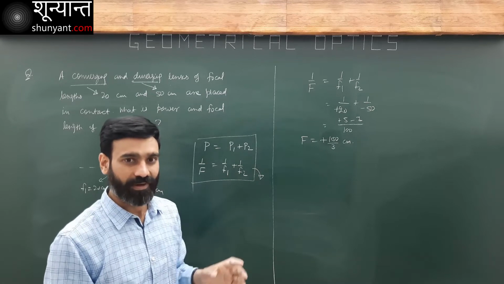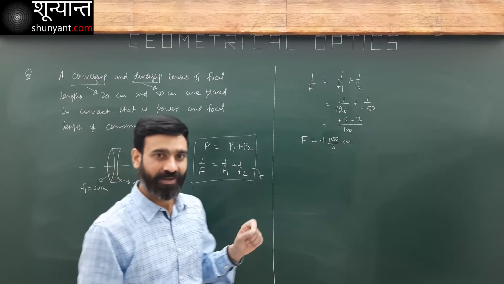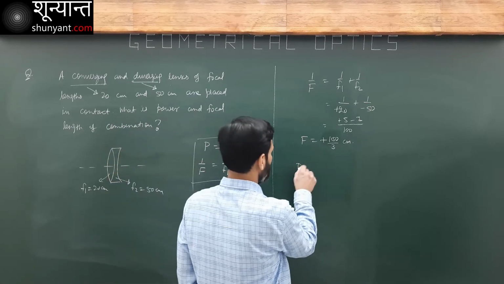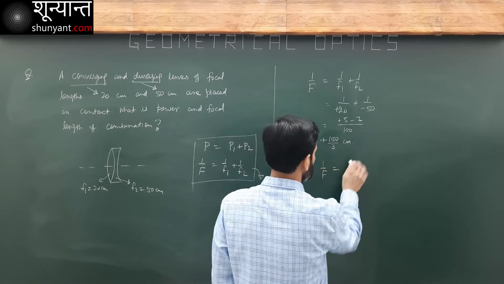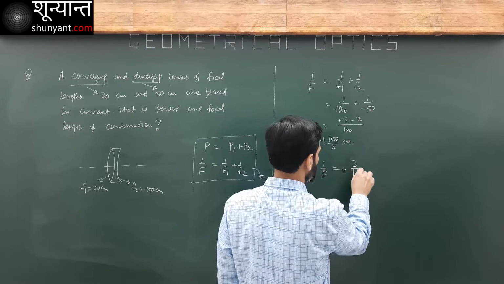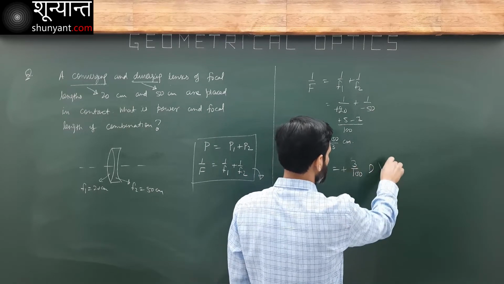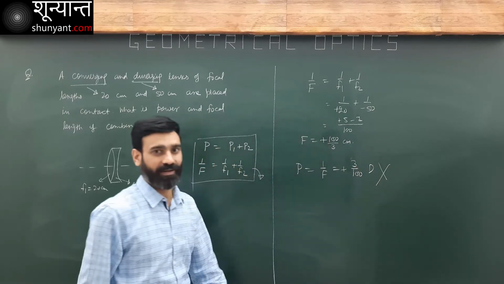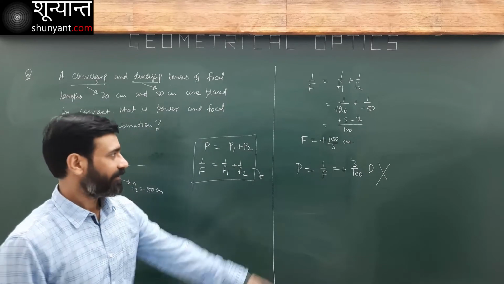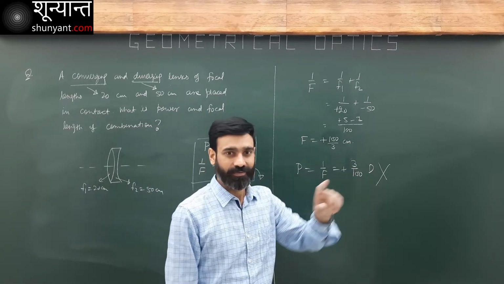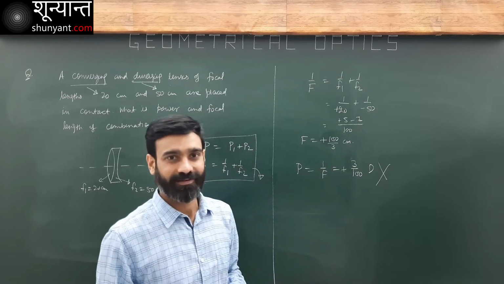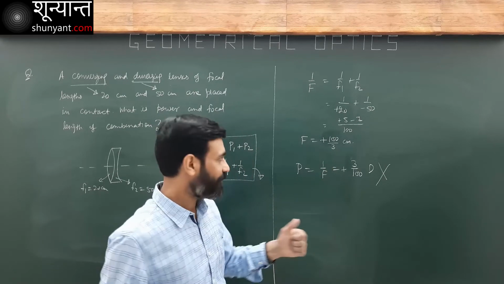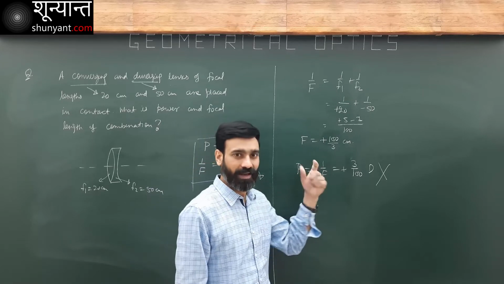What will be power? And that is where we make a mistake. If I write power is 1 over f, this will be equal to plus 3 over 100 diopter, and this is the biggest mistake I can make. Diopter is an SI unit, so I will have to write focal length in SI, that means in meter. Then only I will get my power in diopter.